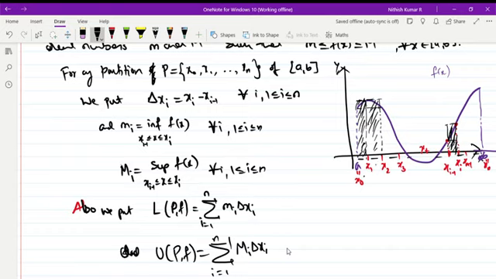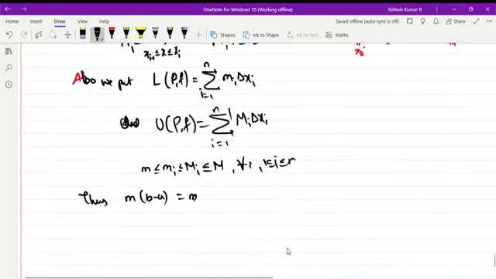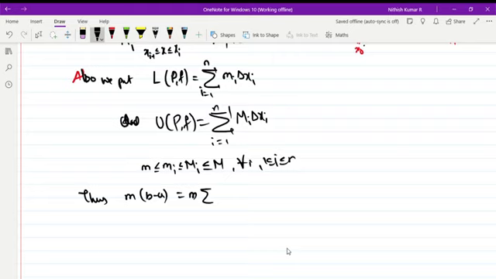Then x2 minus x1 is delta x2, x3 minus x2 is delta x3. Using this I can write m into b minus a as m into summation delta xi, where i is from 1 to n. Now this is nothing but summation i equal to 1 to n, m into delta xi.